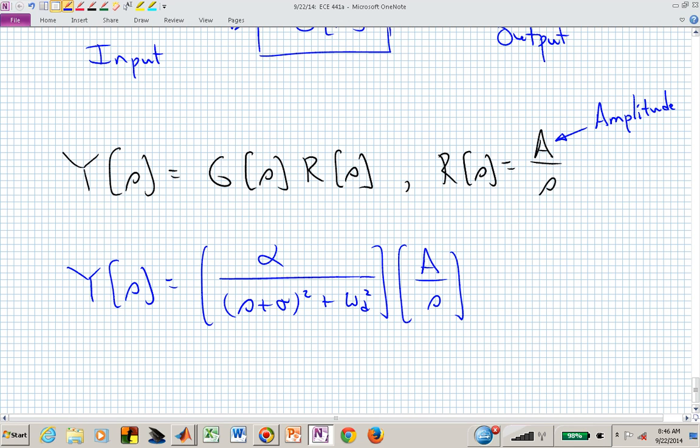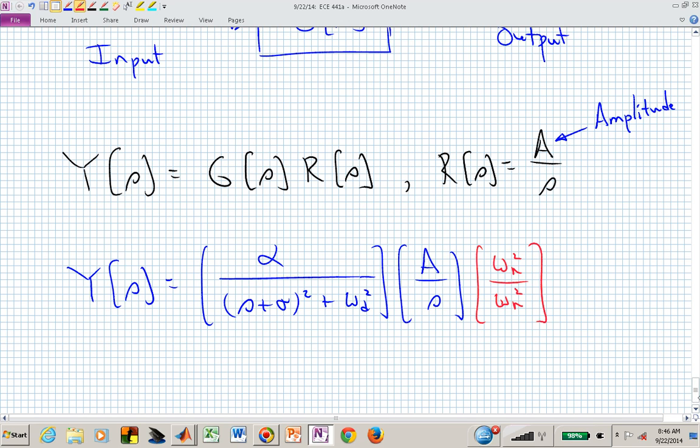Can I mess it up a little bit more? Sure. I can multiply by 1, can't I? That won't change anything, but the 1 that I want to use is a special one: omega sub n squared over omega sub n squared.